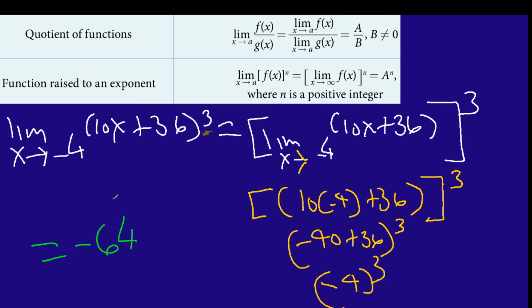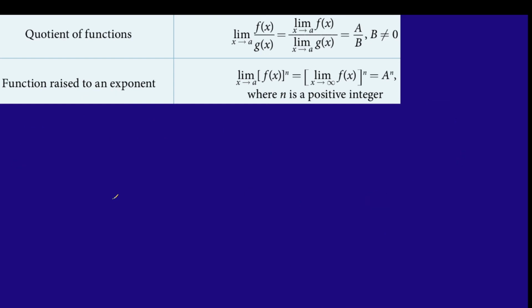Just like that, we're done, and this is our answer. So as x approaches -4, the limit here will be approaching -64. That's how that works out. So let's do the next one.